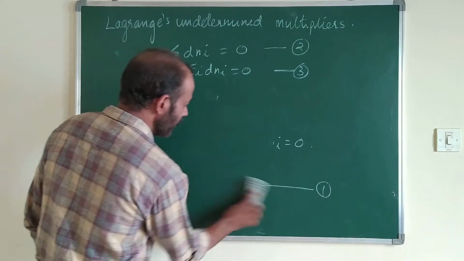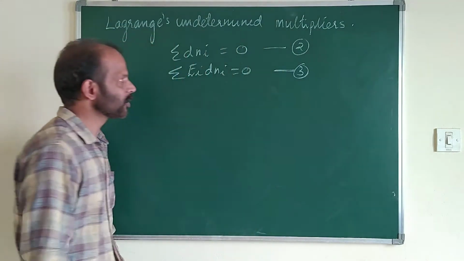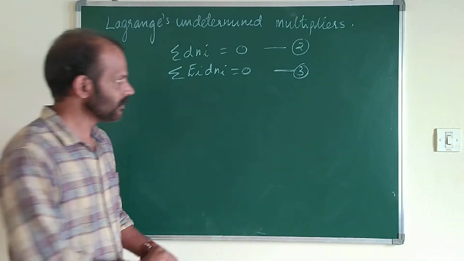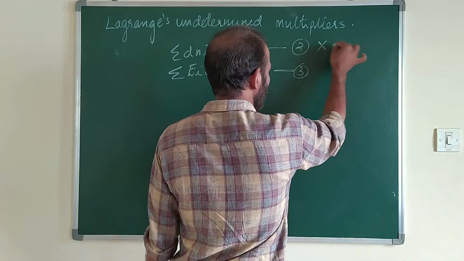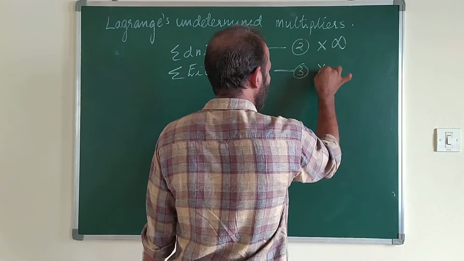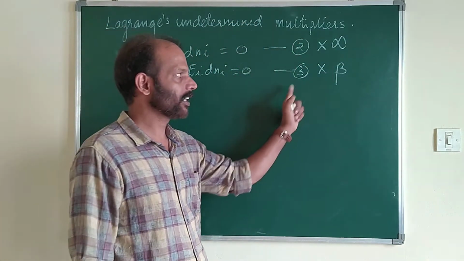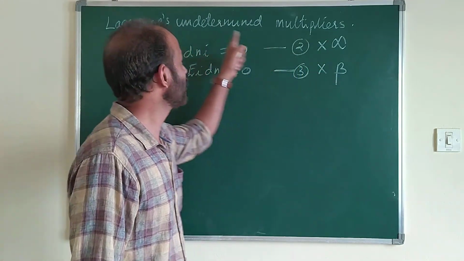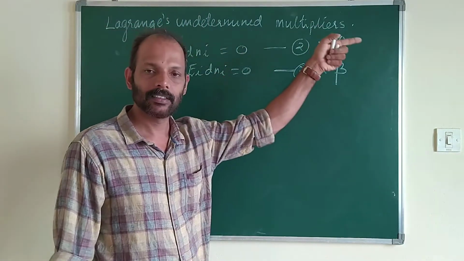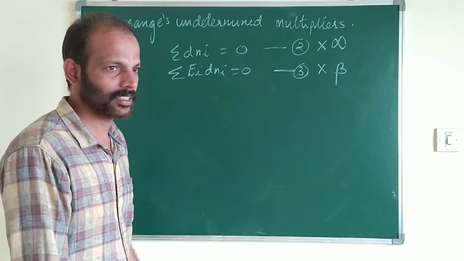Then multiply these two equations by alpha and beta respectively. Multiply the first equation by alpha and the second equation by beta, and alpha and beta are called Lagrange's undetermined multipliers.